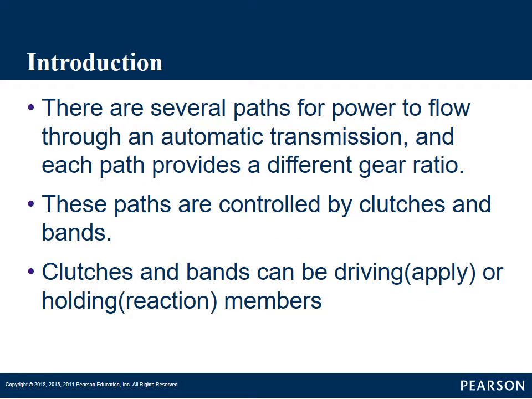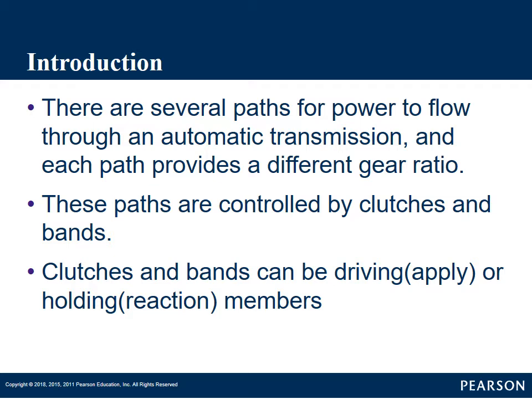There are multiple paths of power flow through an automatic transmission. These are our gear ratios. If you remember the little video on manual transmissions, as we shifted the transmission, the arrows would demonstrate where the power flow was going through. We get the same thing in an automatic transmission, but instead of using two parallel shafts, we are using planetary gear sets.